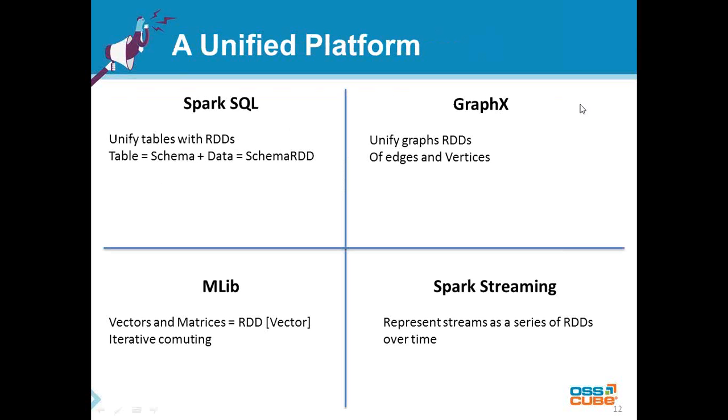Whereas in Spark, you can use streaming RDDs. Streaming can create in-memory RDDs from the streaming data.